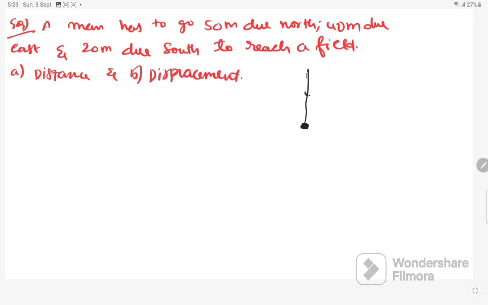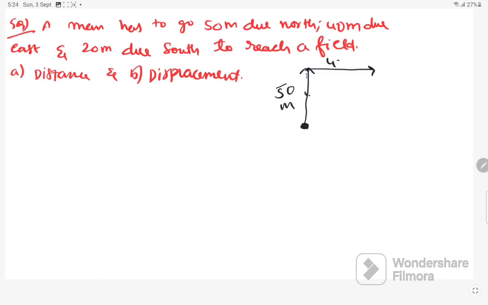From here to here, the distance traveled is 50 meters. And from that point, he has to travel 40 meters towards east. So east will be in this direction.